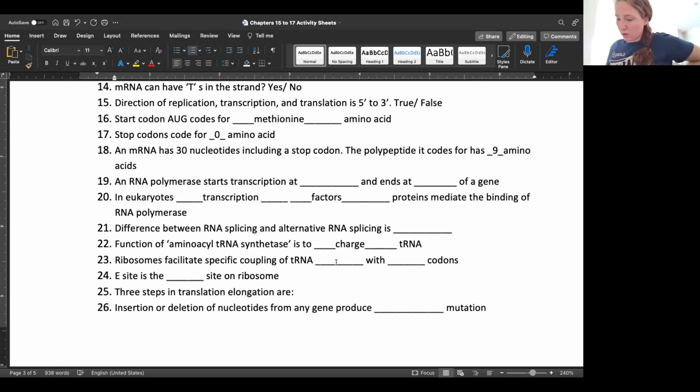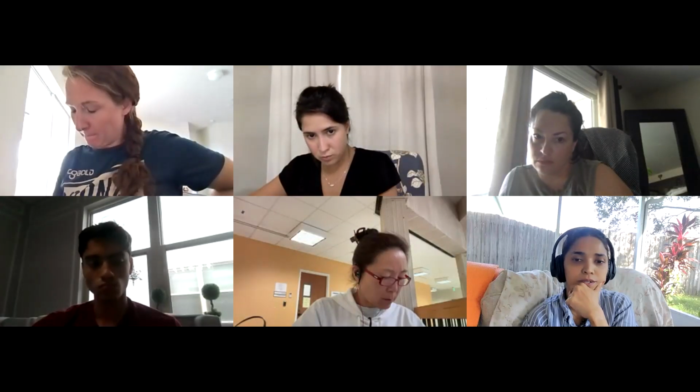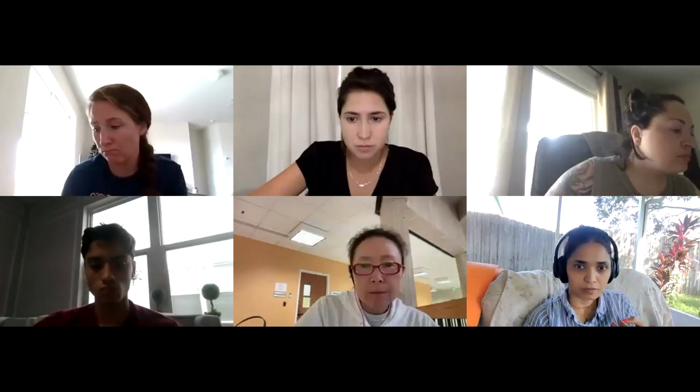Next. Three steps in translation elongation are codon recognition, peptide bond formation, and translocation. I have to check this. Give me a sec.